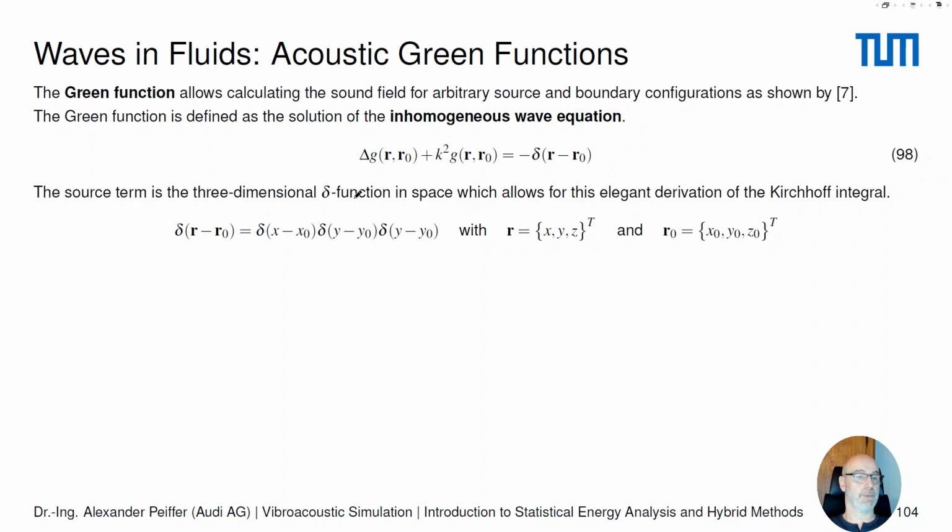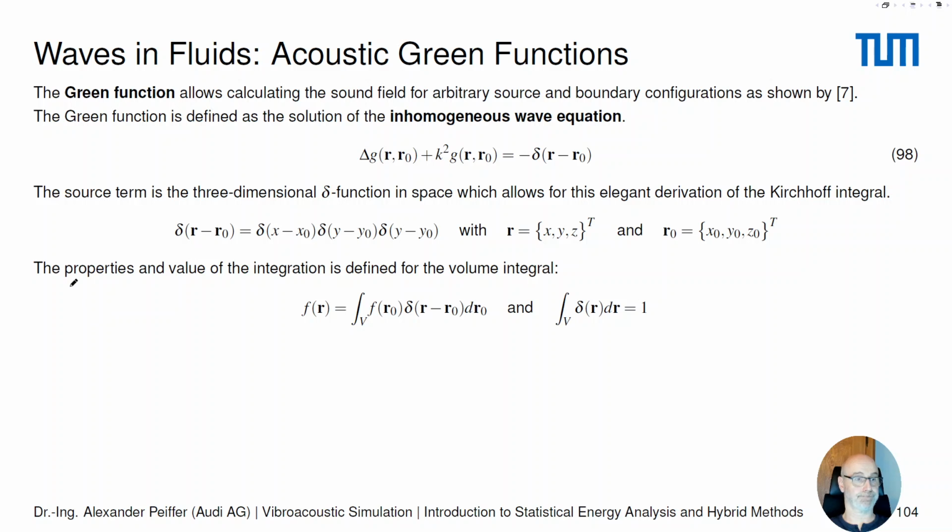Three-dimensional means it is simply the product of a delta function in all spatial dimensions. And r and r_0 are just given by the three-dimensional coordinates x, y, z and x_0, y_0, z_0 in the space domain.